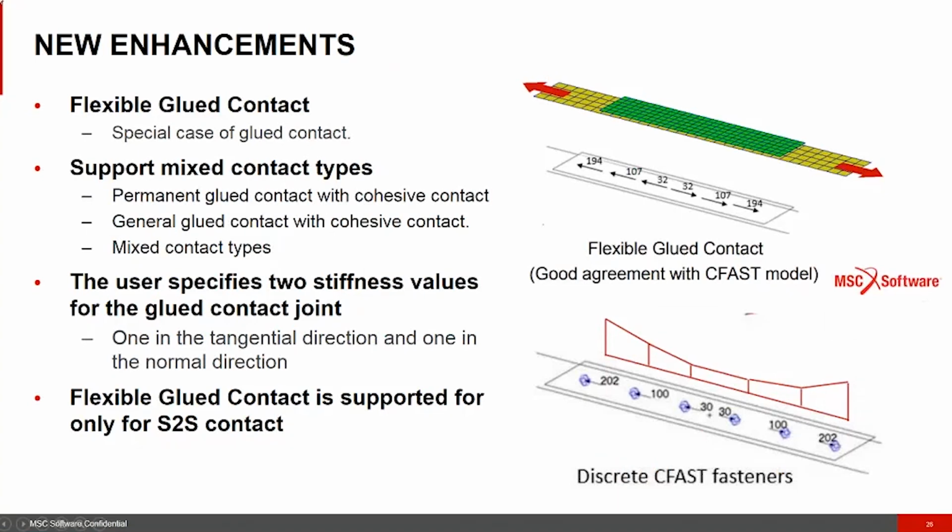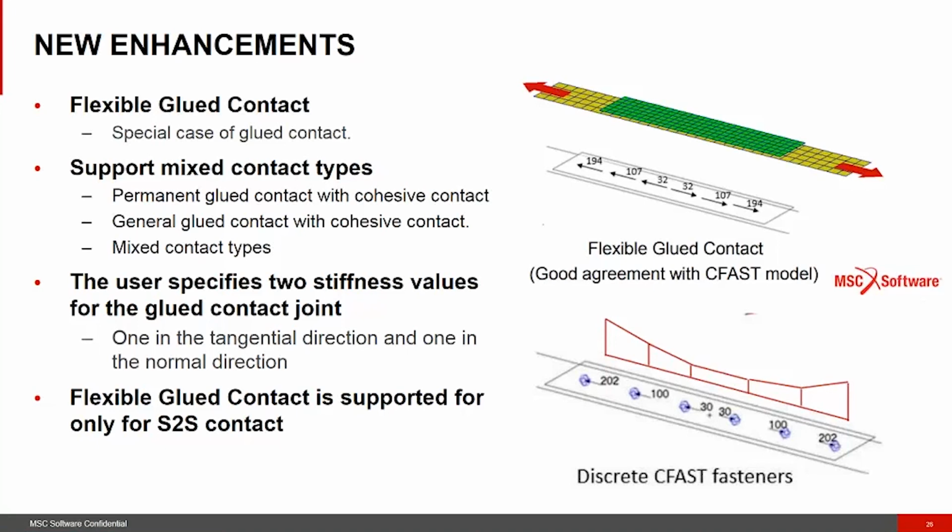But sometimes the glue contact can cause some extra stiffness because it's using multiple constraints, and this can create some problems for customers. So it's still useful, but it's good when you're not interested in the stresses in the contacting areas. So you want to look at the areas that are further from that.